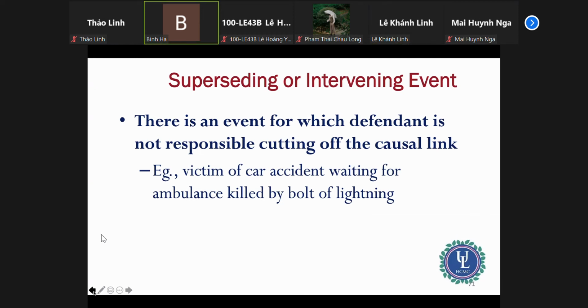No, I already canceled the example about the poison. That's not relevant, because the poison is actually an intentional tort already. Okay, we talk about negligence.